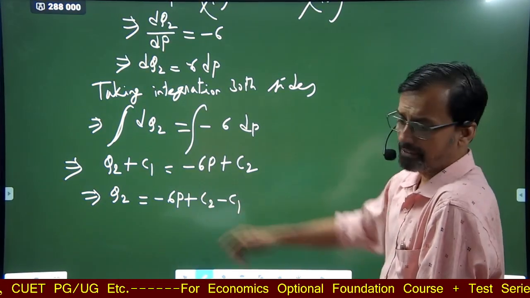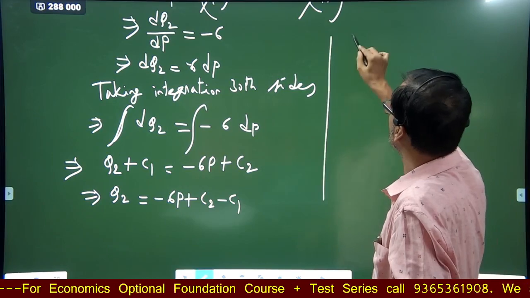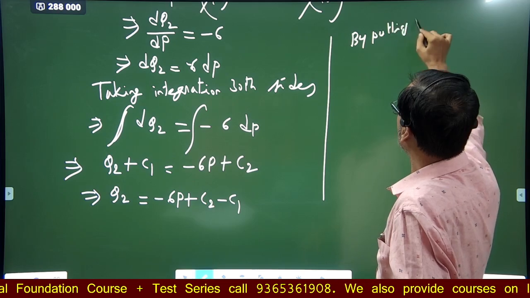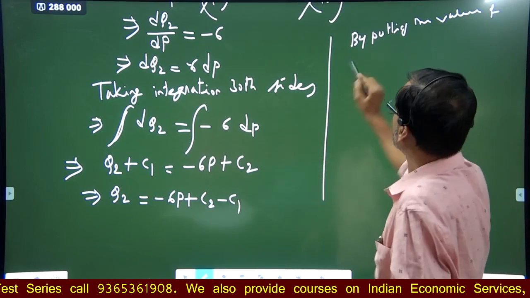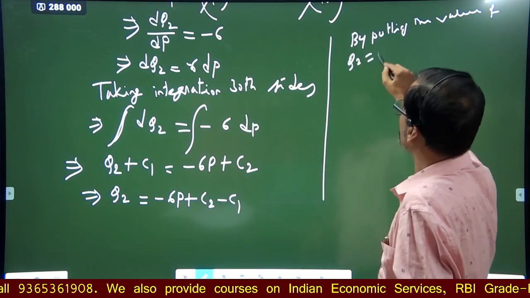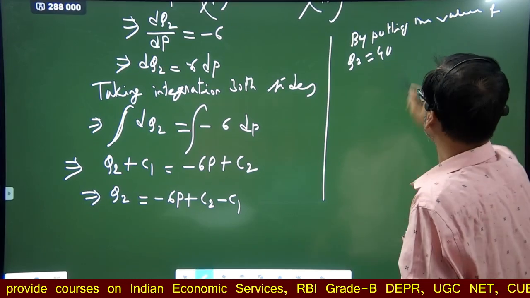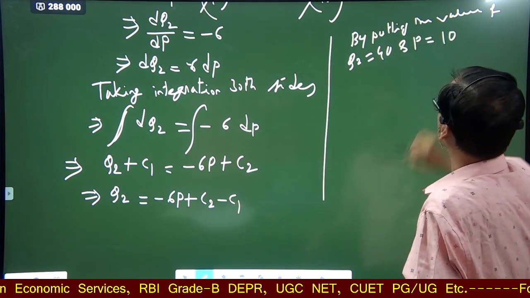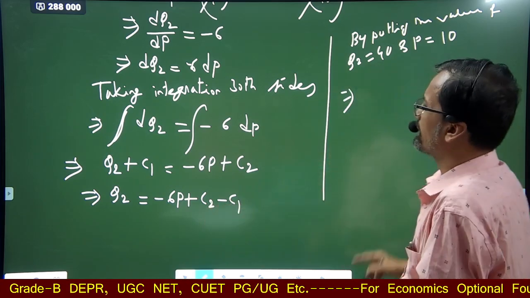Now, by putting Q2 equal to 40 and P equal to 10, what will be the value of C2 minus C1?